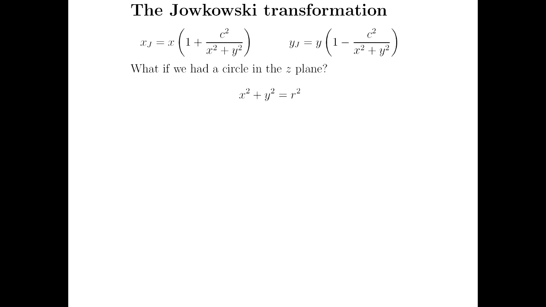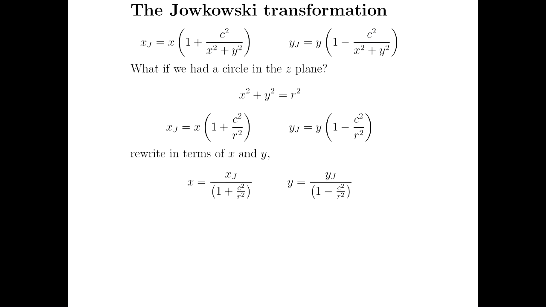If you had a circle in plane Z, where x squared plus y squared equals r squared, I can substitute r squared into those two terms and rewrite my terms of x and y.